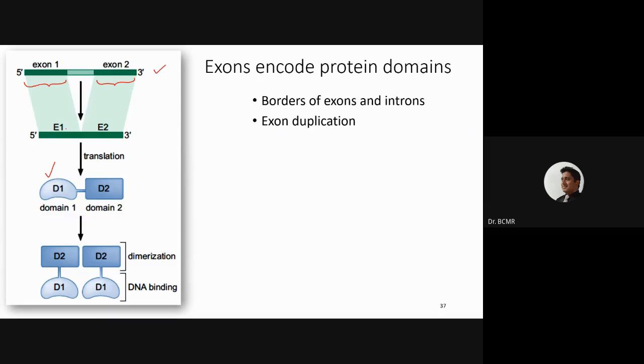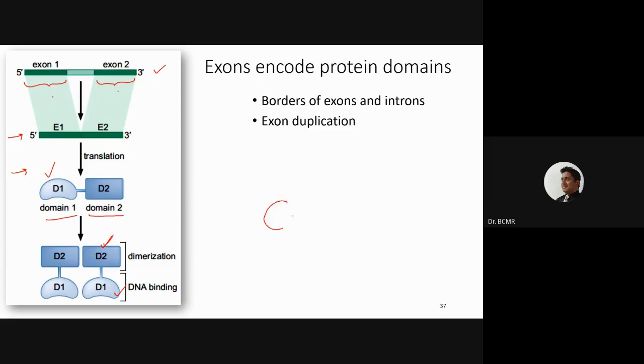So typically, one exon encodes one domain, and upon splicing and then translation, we have a functional protein like this, with a domain for DNA binding and a domain for dimerization.